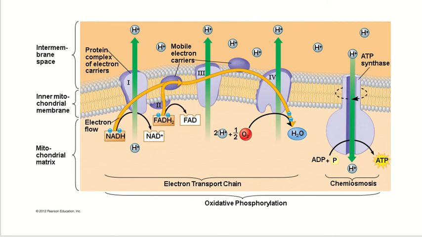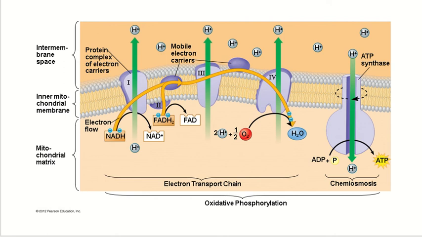And so that is the electron transport chain. It already served its purpose by allowing the last electron acceptor, in this case oxygen, since we are talking about aerobic respiration, to accept the electrons.